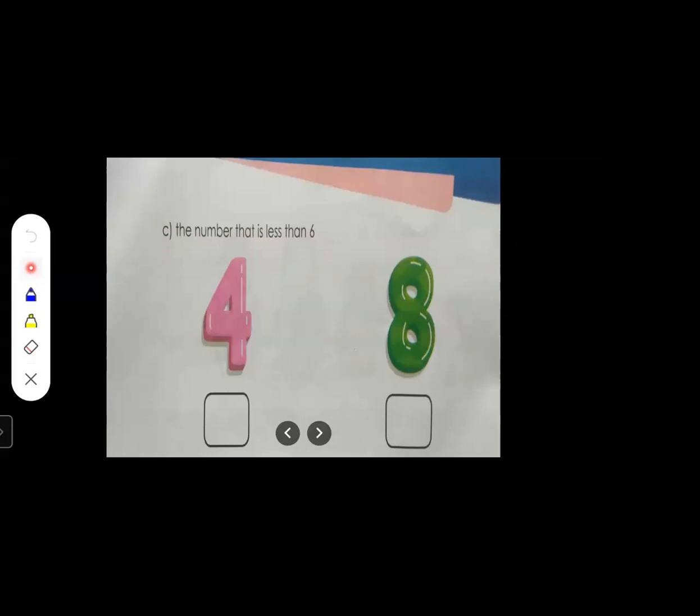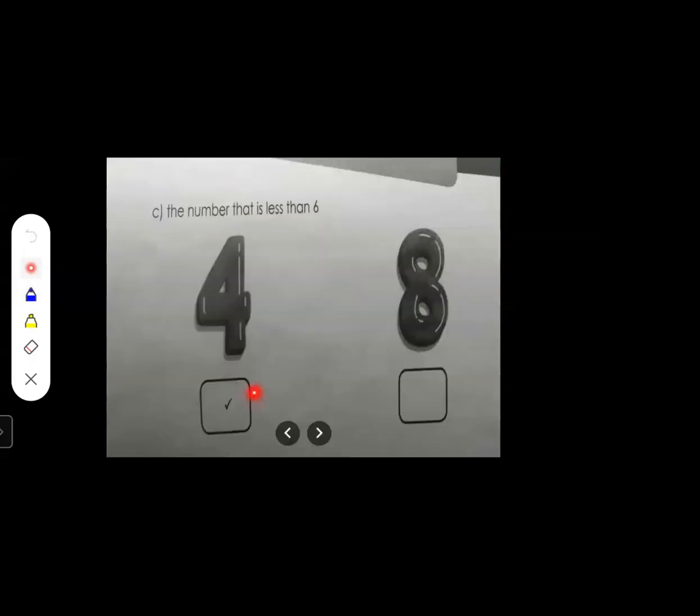So which number is less than 6, students? 4 is less than 6 or 8 is less than 6? 8 is more than 6, right? 8 is a bigger number, but 4 is a small number. So 4 is less than 6. So we are going to take the number 4. Here we tick number 4 because 4 is less than 6.